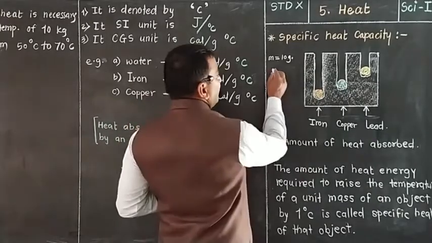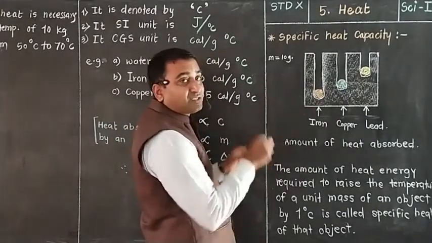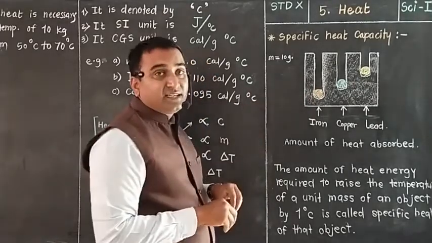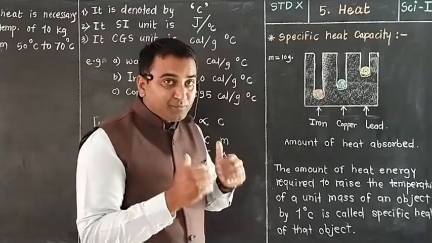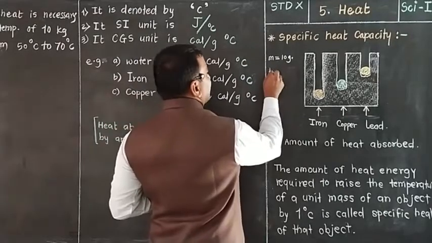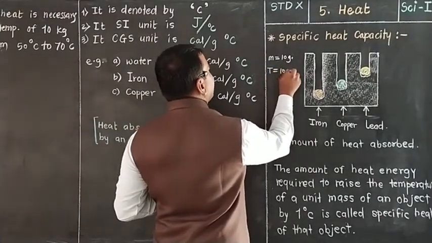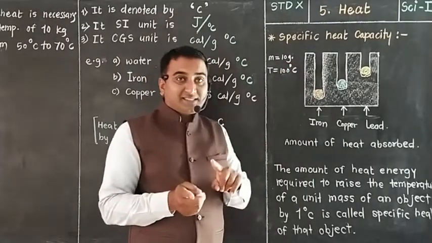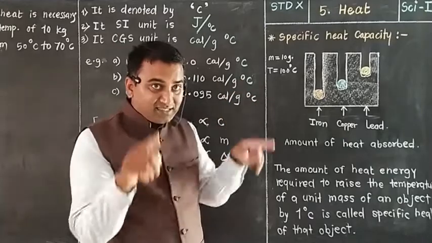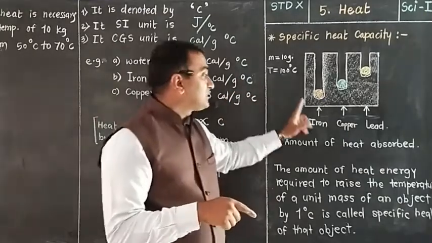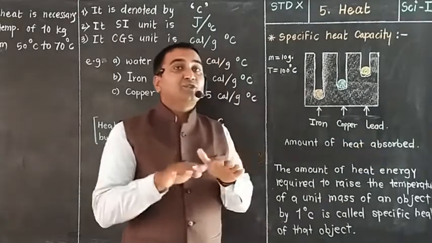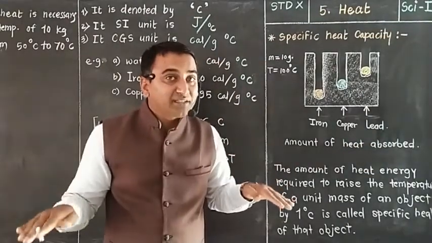Again, we have taken one vessel, put water in it, kept all these three spheres within it and started to provide heat. When the temperature reaches 100 degrees Celsius, all the objects, that is water, the vessel, the sphere of iron, the sphere of copper and the sphere of lead should have equal temperature.